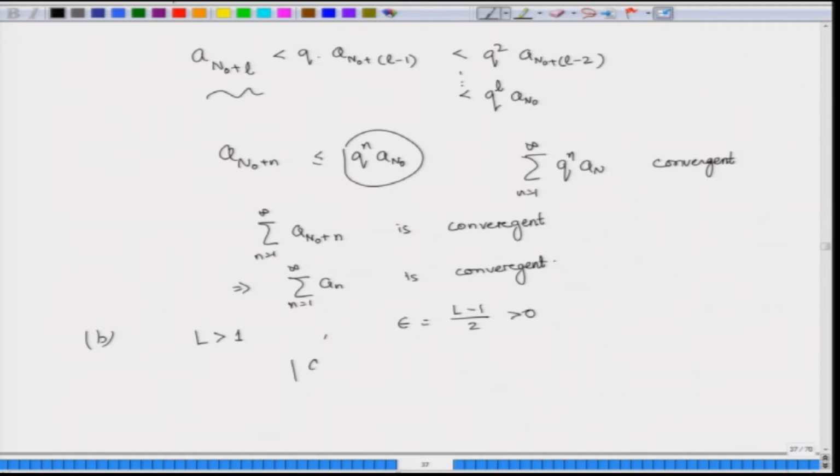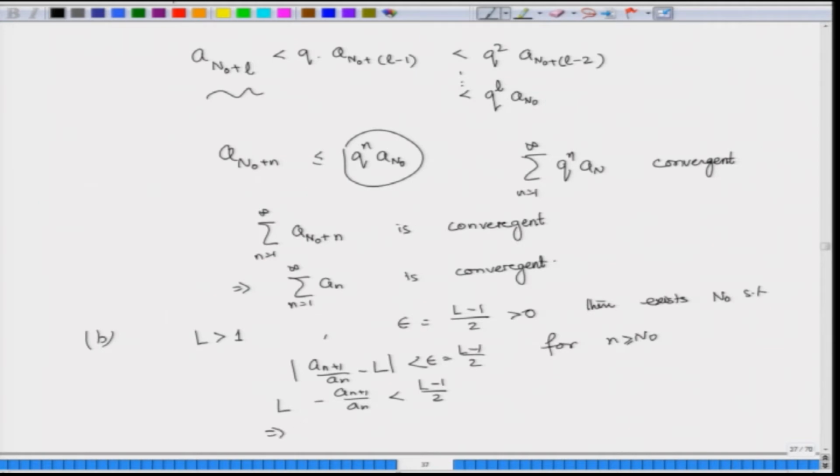Therefore, mod of a_{n+1} by a_n minus L is less than epsilon, there exists n_0 such that for all n greater than or equal to n_0. Therefore, L minus a_{n+1} by a_n is less than epsilon, which is L minus 1 by 2.